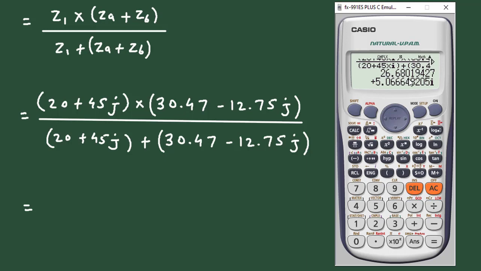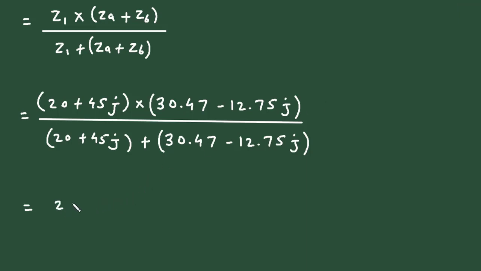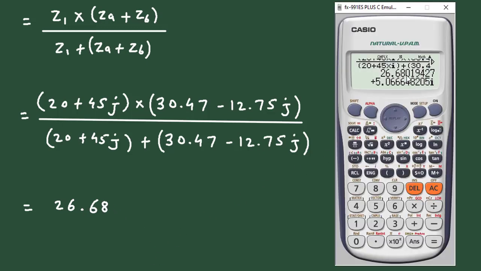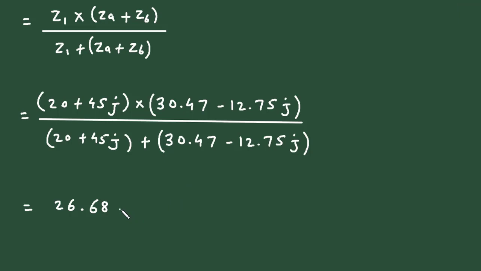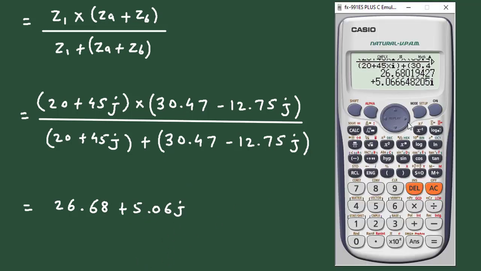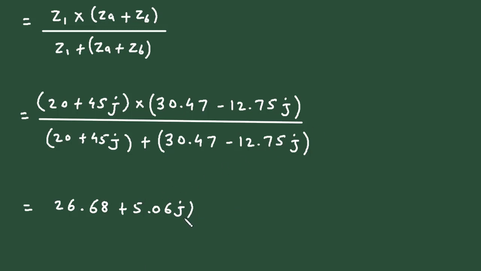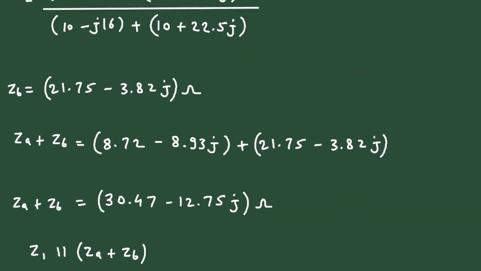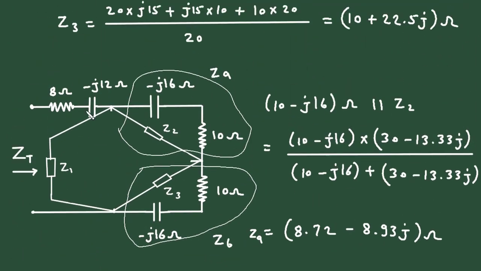So it is 26.68 plus 5.06 j, and its unit will be ohm. So this is the answer for this whole parallel circuit. Then we have to add this with 8 minus j12. So we get the value of ZT.